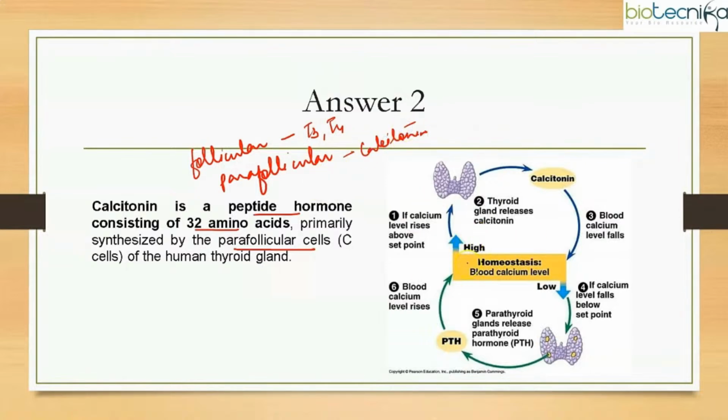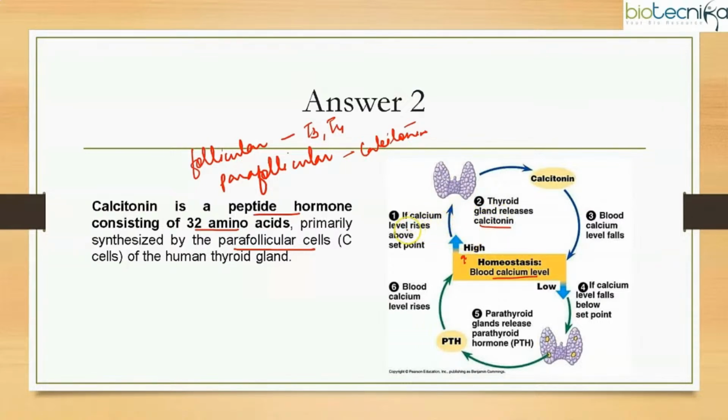And calcitonin works whenever the homeostasis of the body is disturbed and the blood calcium levels are not optimum. Suppose the blood calcium level is high, at that time the thyroid gland will release the calcitonin hormone.